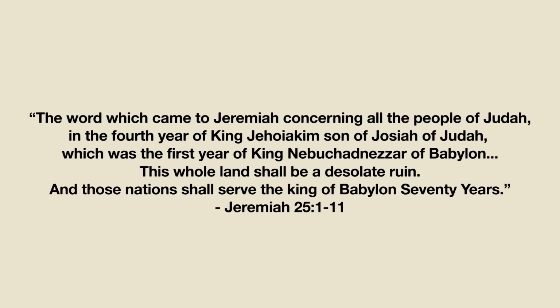He says he's speaking in the 4th year of Jehoiakim's reign, which was the 1st year of Nebuchadnezzar's reign, which we know was 605 BCE. So 605 BCE is the starting date for Jeremiah's 70 years, and hence also the starting date for Daniel's 490 years. Let's talk about the 7 weeks first.